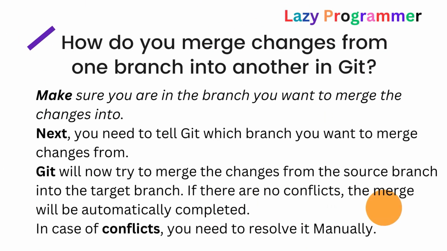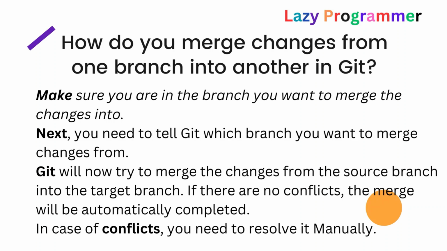Next question is, how do you merge the changes from one branch into another branch in Git? With this, the interviewer wants to know the complete flow of merging one branch into another branch. So you have to explain it in steps. First, you have to make sure that you are in the branch you want to merge the changes into, or the target branch.